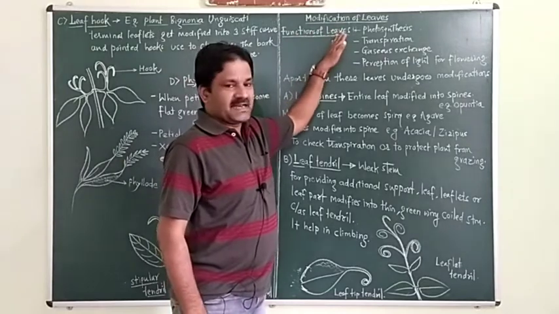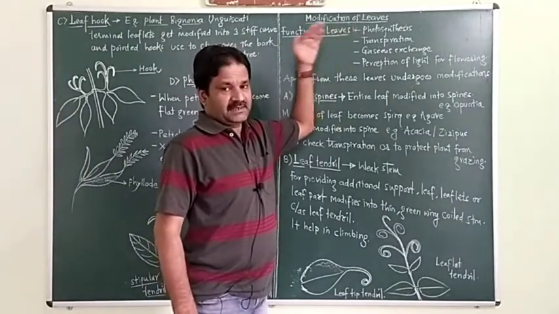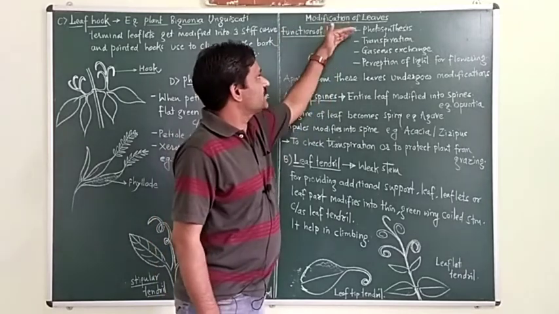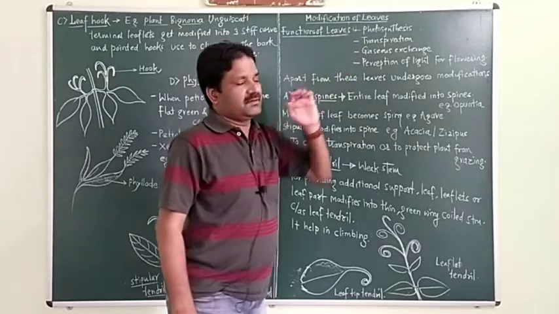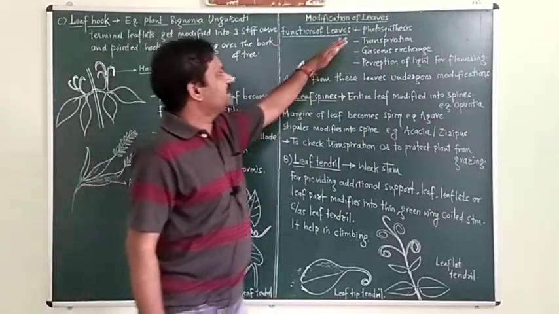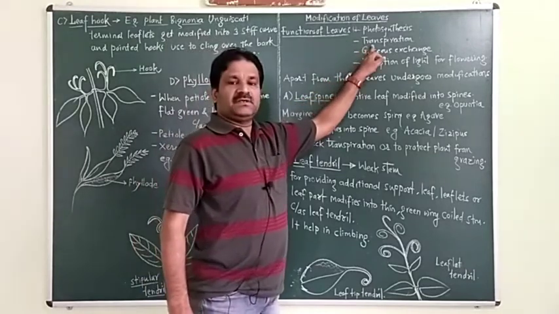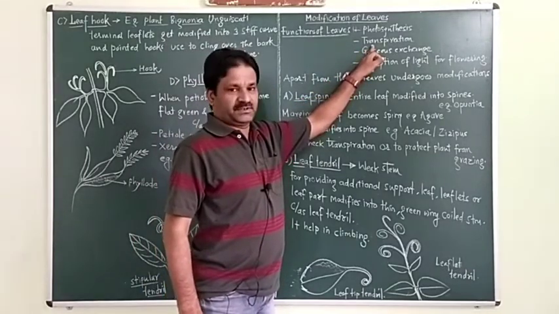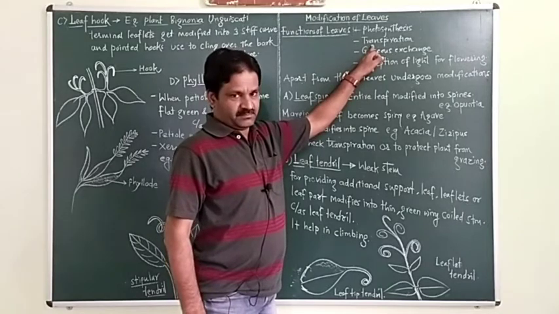That's why they help in the synthesis of food, and the site of photosynthesis is the leaves. Transpiration is the loss of water through the leaves or aerial parts of the plant body.